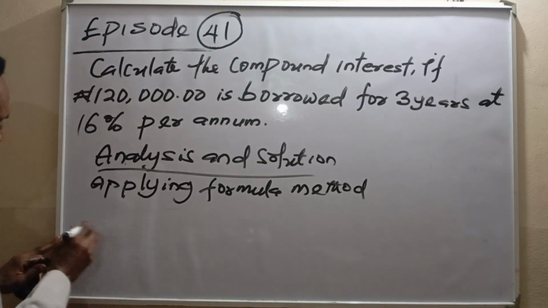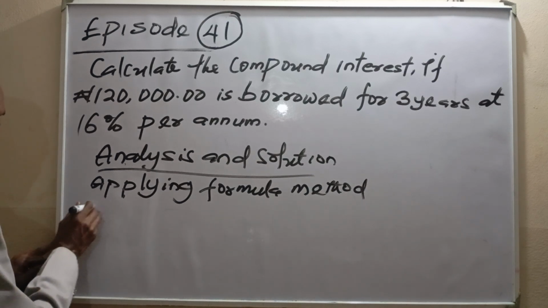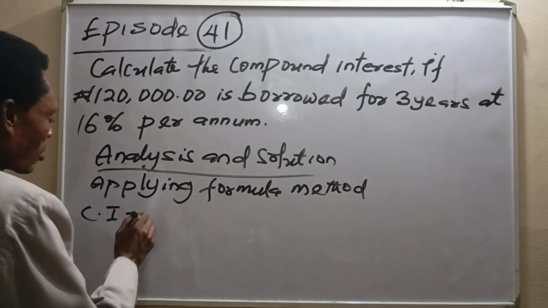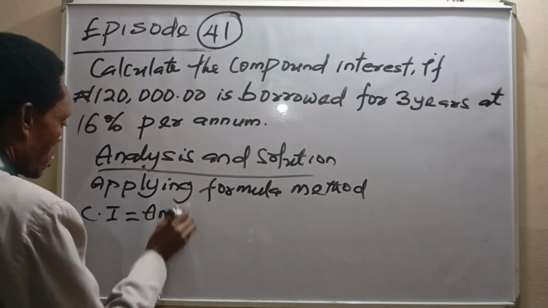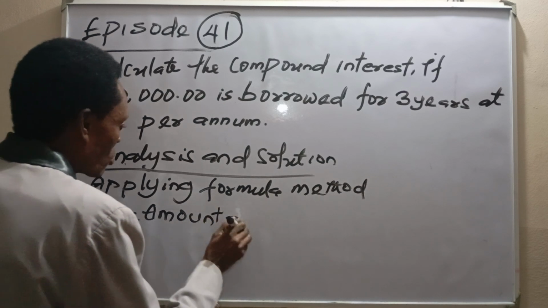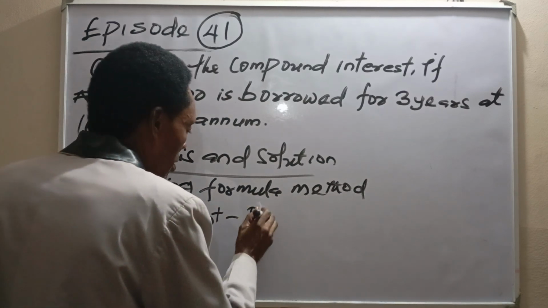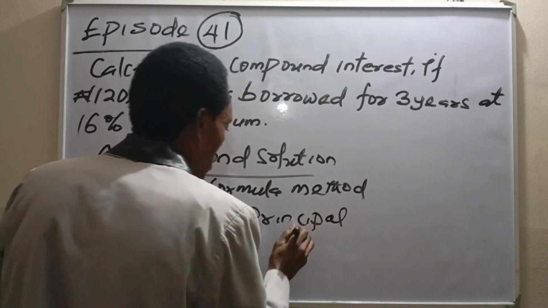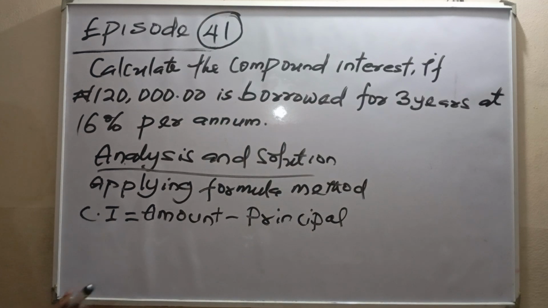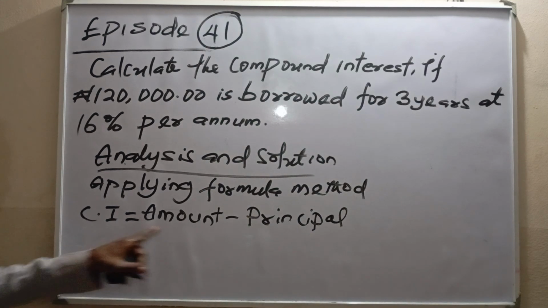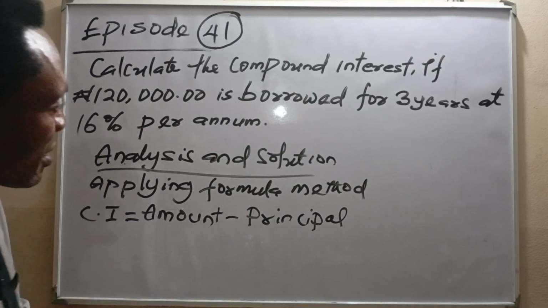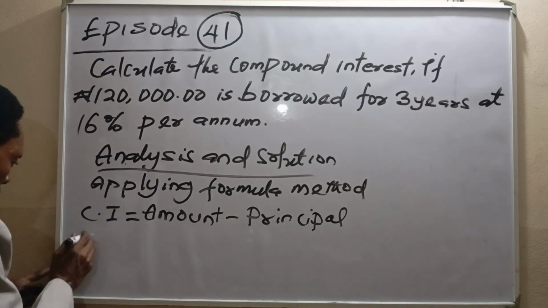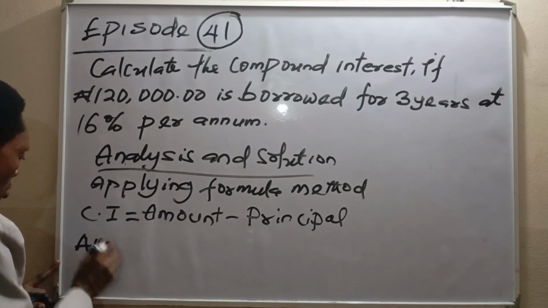Compound interest, denoted by C.I., equals amount minus principal. So your compound interest equals amount minus principal. But what is the formula for the amount?